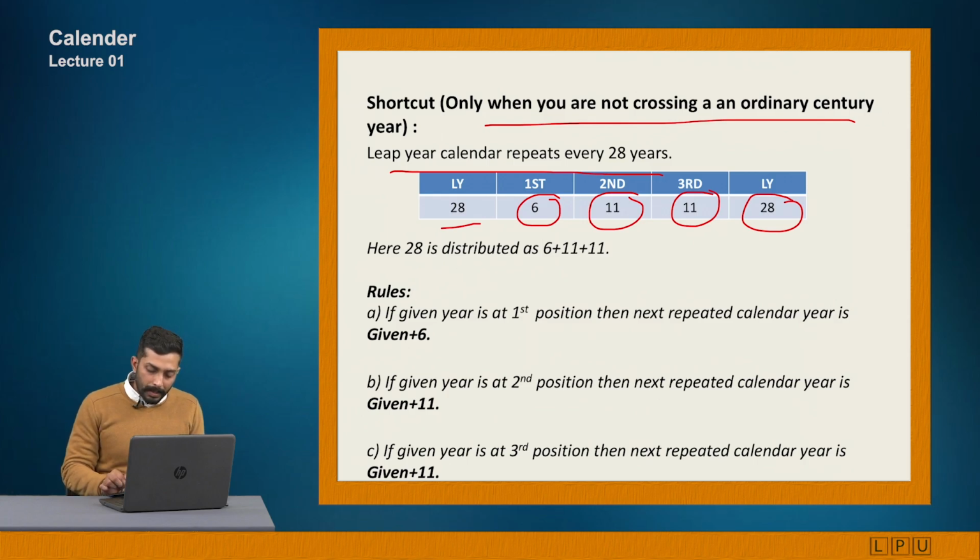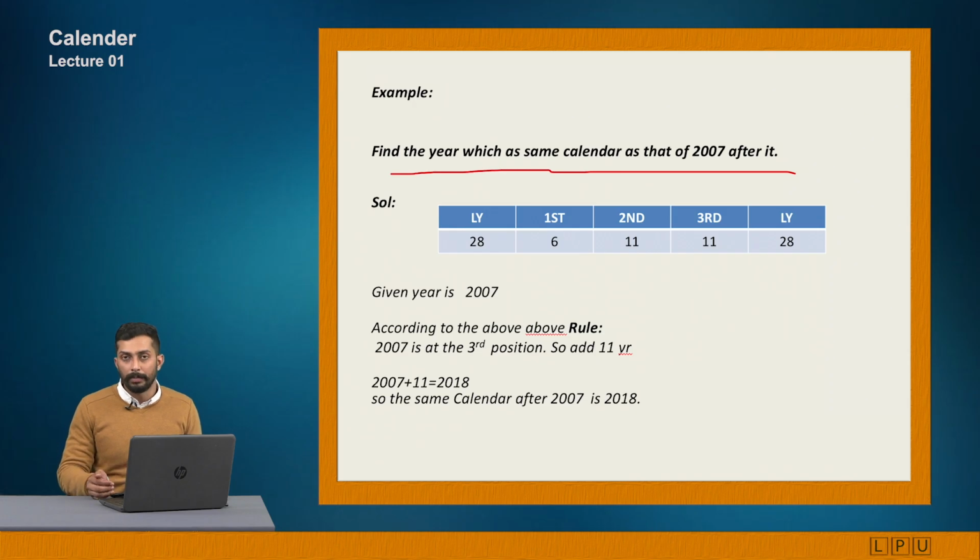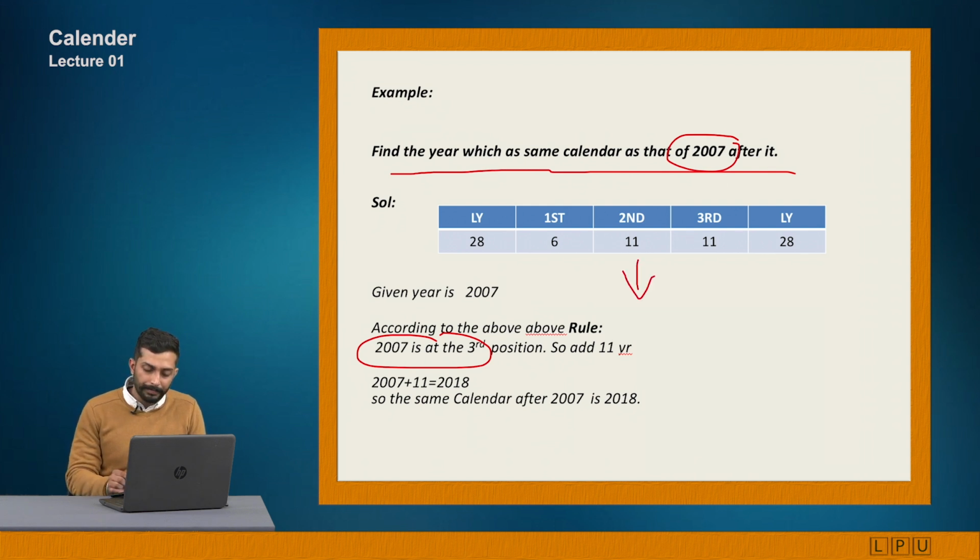So if a given year is at the first position, then the next repeated calendar year is the given year plus 6 years. According to this, let us find the year with the same calendar as 2007. As we did with the method, now we will solve it with the concept. We know 2007 is the third position from a leap year.